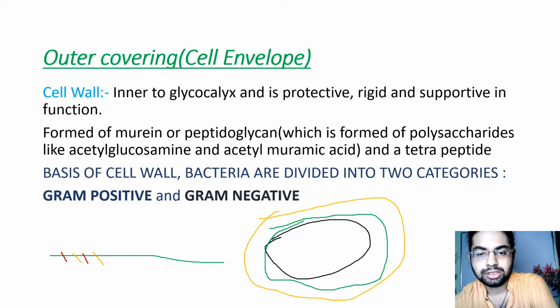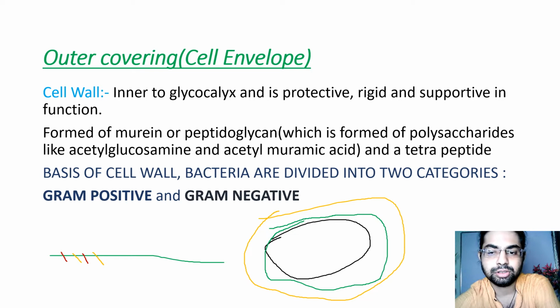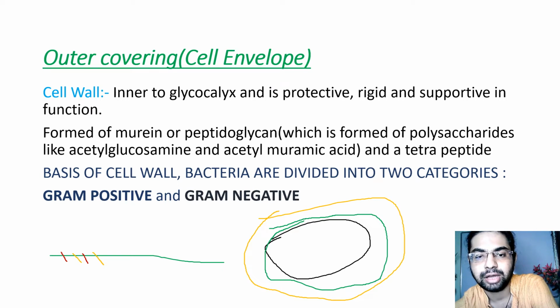Up to this we have discussed that the cell envelope is made up of 3 layers, the outermost being the glycocalyx, next the cell wall which is formed of peptidoglycan, which is formed of polysaccharides like acetyl glucosamine and acetyl muramic acid, and with this cell wall, bacteria can be categorized into 2 types, gram positive and gram negative.